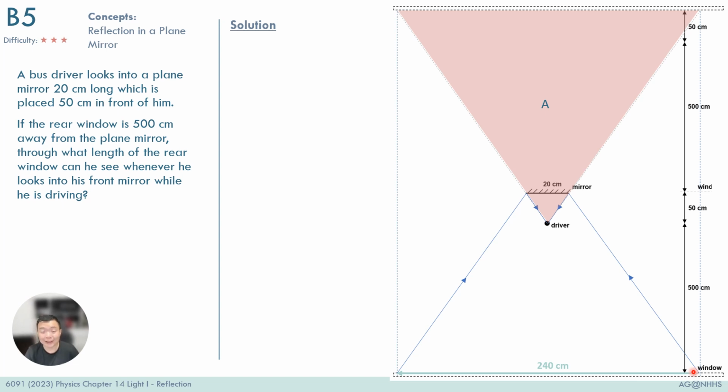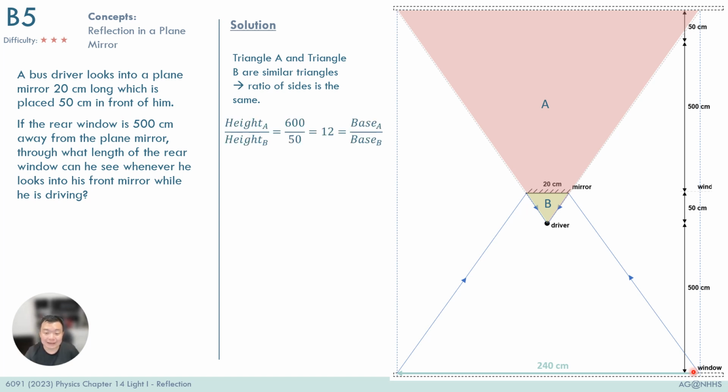Let's look at two triangles: triangle A, the bigger one, and triangle B, the smaller one. These two triangles are similar. For similar triangles, the rule is that the ratio of the sides is the same. Right now, I'm going to use the height of A, which is from here to here. If you add up the numbers, you will get 600 cm.